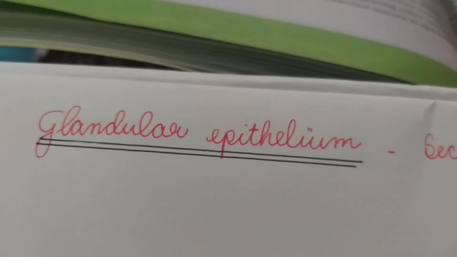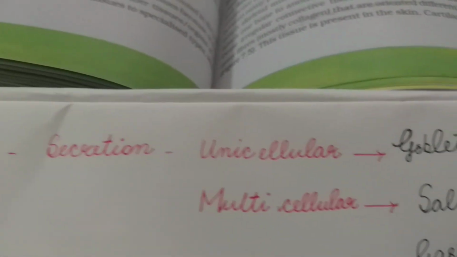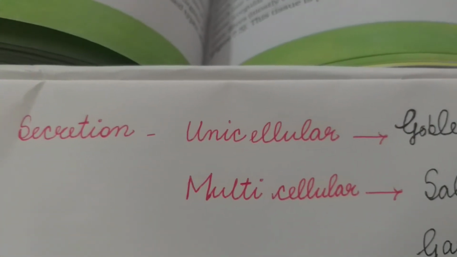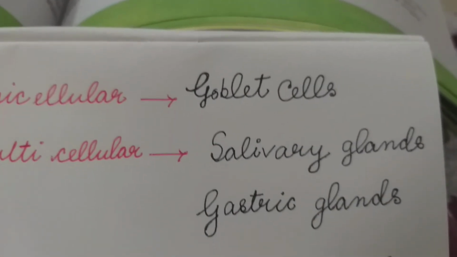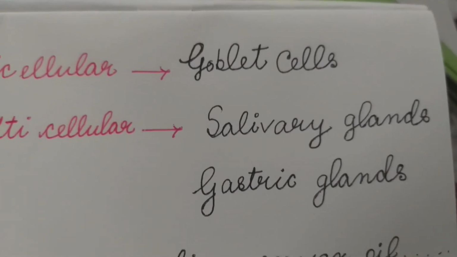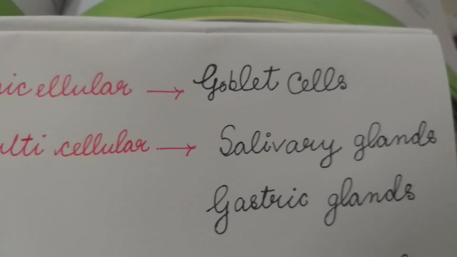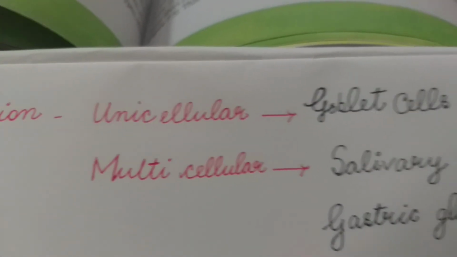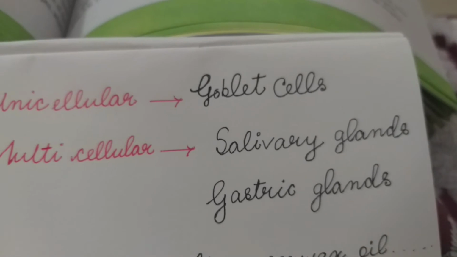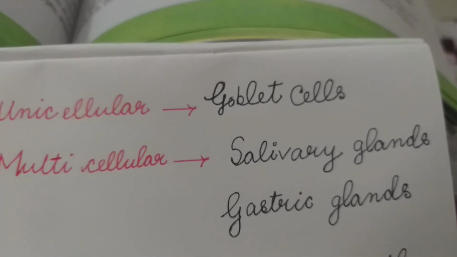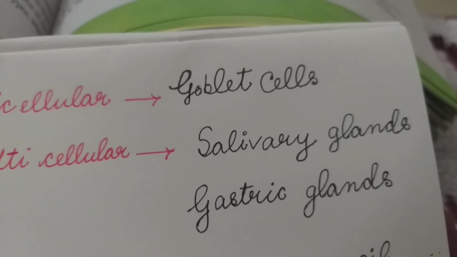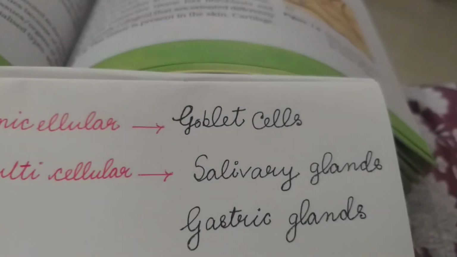Glandular epithelium is of two types: unicellular and multicellular. Unicellular, for example, the goblet cells in the digestive tract which secrete mucus. Multicellular, for example, salivary glands in the mouth cavity which secrete saliva, and gastric glands in the stomach which secrete gastric juice.